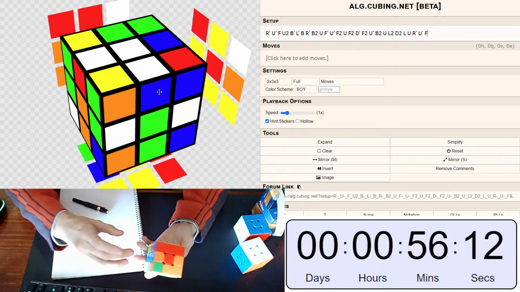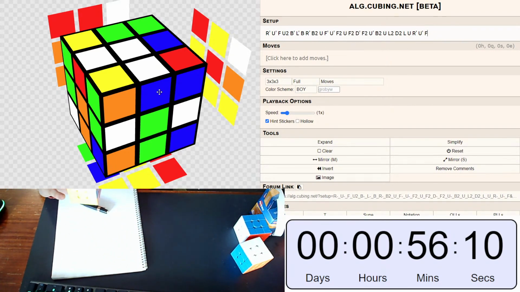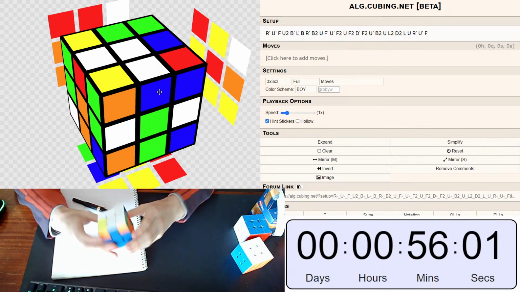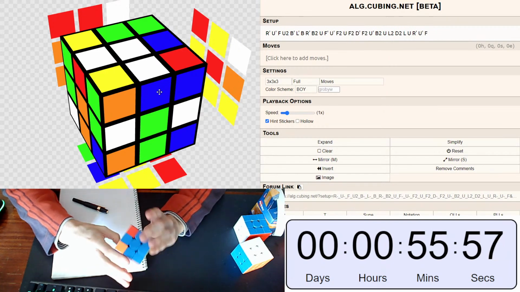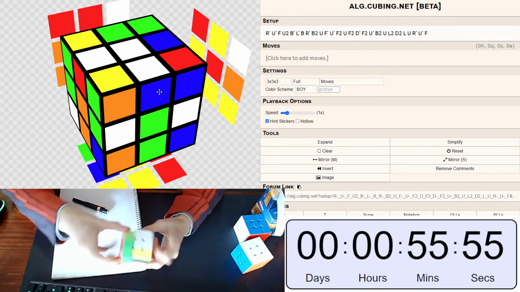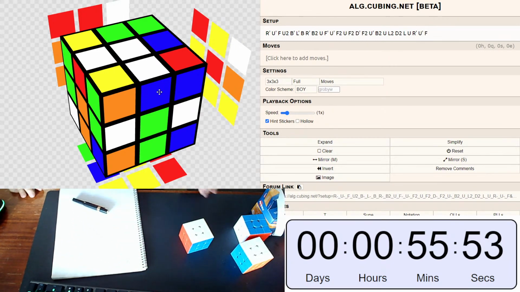Into domino reduction. That wasn't a very efficient DR, but that's okay because I'm not using that straight away. I'll check some other DRs and some other EOs to see what I can find. And then I get a parity at the end so that solution has parity.